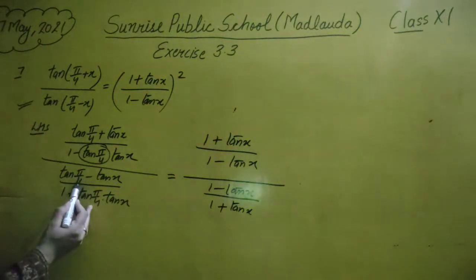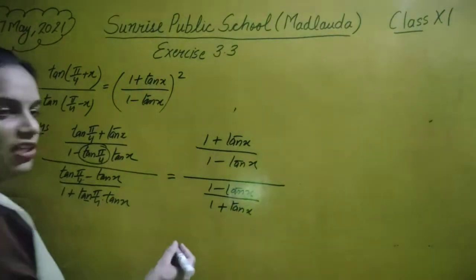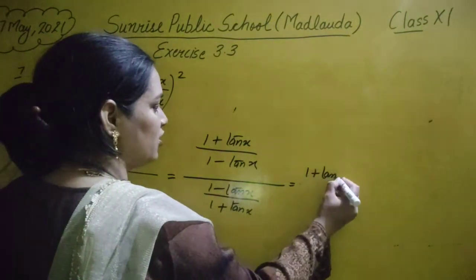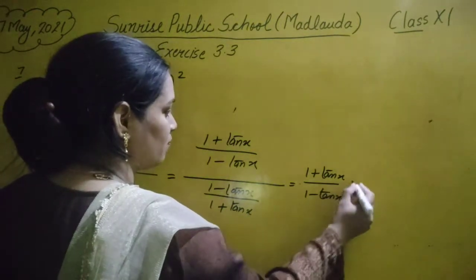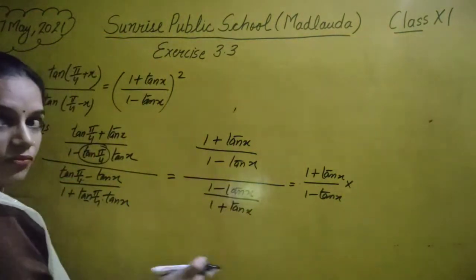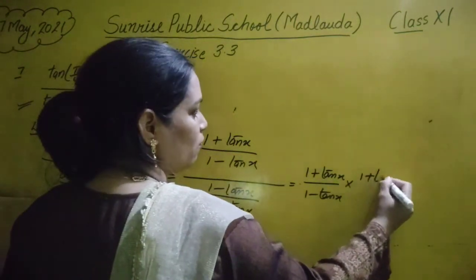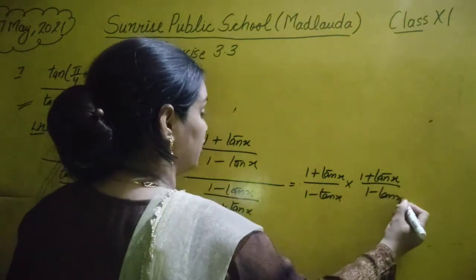After putting the value of tangent pi by 4 and tangent pi by 4 here, now arrange these terms. So it will be 1 plus tangent x divided by 1 minus tangent x, and the denominator will be the reciprocal, 1 plus tangent x, 1 minus tangent x.